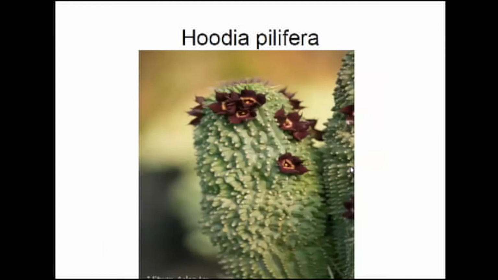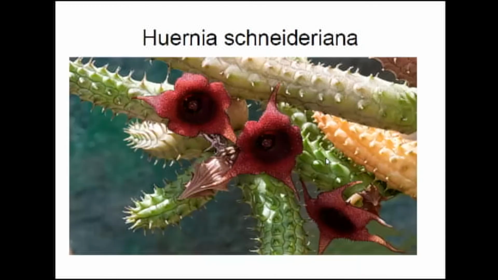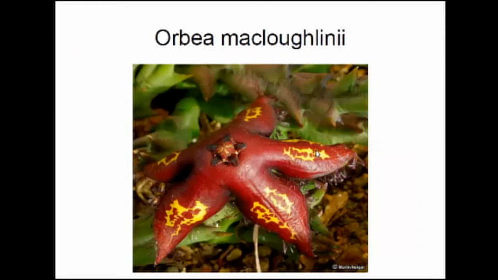And again, flowers that are very, very tiny here, and not that tiny, but again, the color looks very attractive to flies. And a glossy plant that looks very much like a starfish, this one.